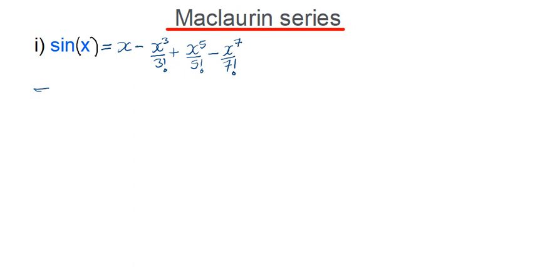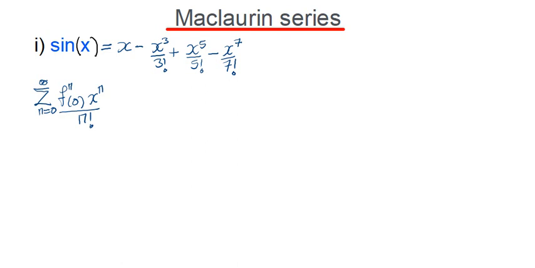We have the infinite sum from n equals 0 to positive infinity of f^(n)(0) x to the n divided by n factorial.